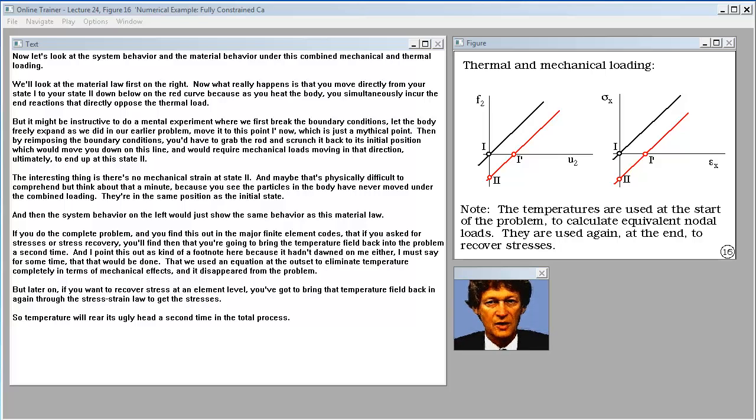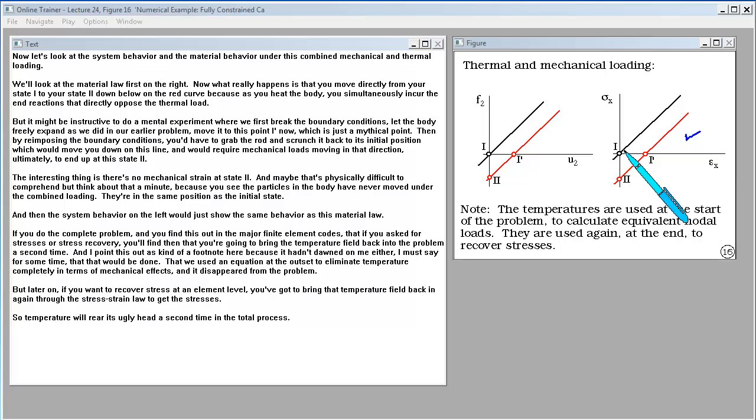Now let's look at the system behavior and the material behavior under this combined mechanical and thermal loading. We'll look at the material law first on the right. Now what really happens is that you move directly from your state 1 to your state 2 down below on the red curve, because as you heat the body, you simultaneously incur the end reactions that directly oppose the thermal load.